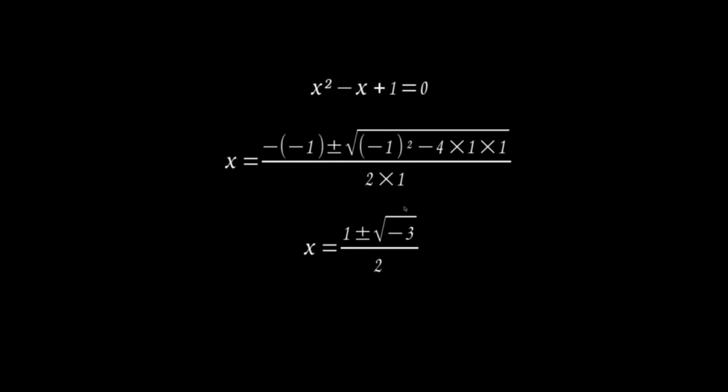So we have a problem here. We have the square root of a negative number, and this has no solution with the real numbers. So we can say that this equation has no real roots, or it has no solution in the set R, the real numbers.